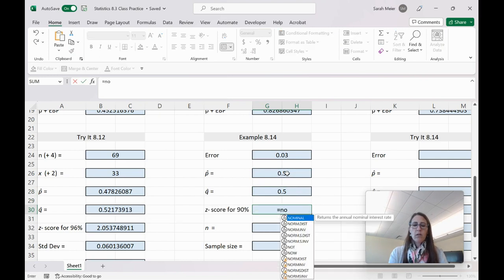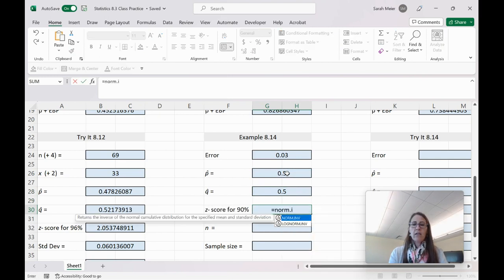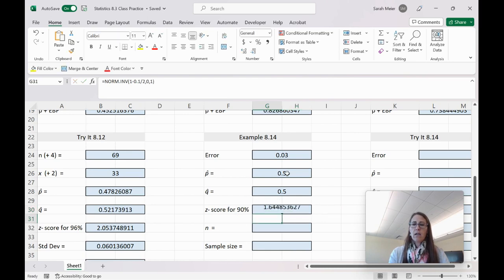So our z-score, the norm.inv formula, 1 minus 0.1 divided by 2 for our 90% confidence level. And now we're going to use that formula.